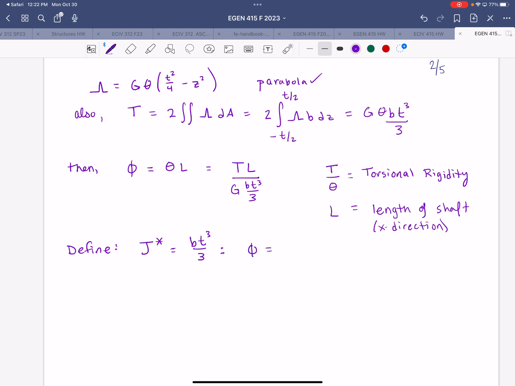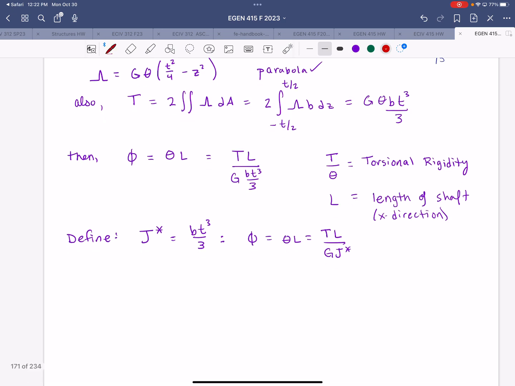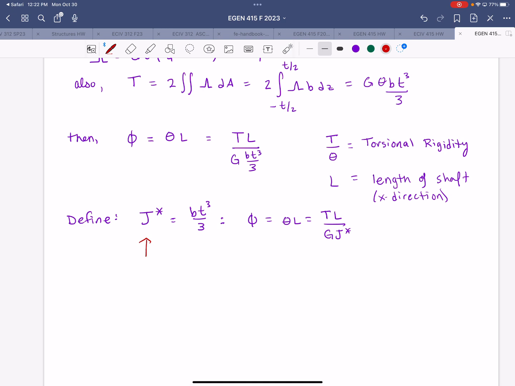Then we can write phi is equal to theta L, or TL over GJ star. But it's important to remember that this term is not the polar moment of inertia for thin rectangular sections. There is a calculation for that value, and it's different, and it's a lengthy calculation and kind of painful.